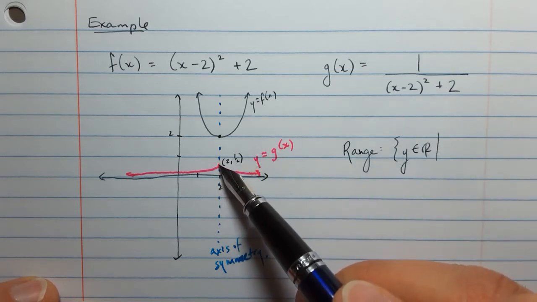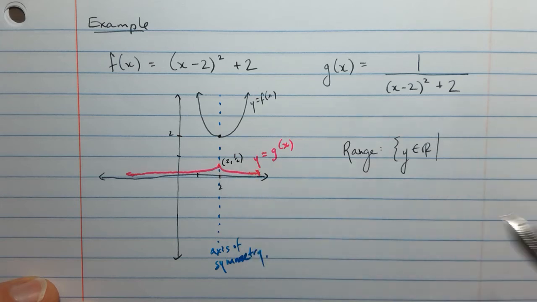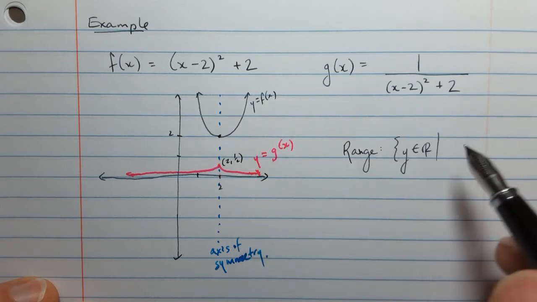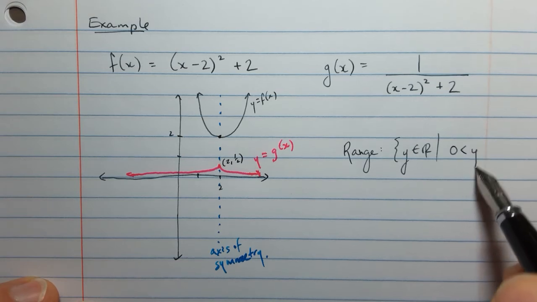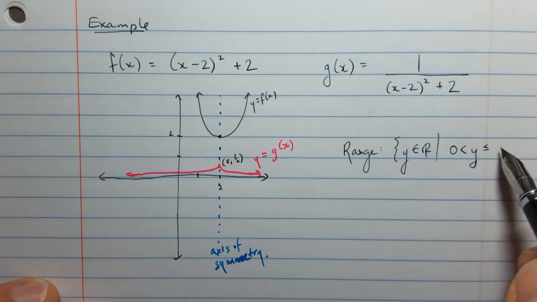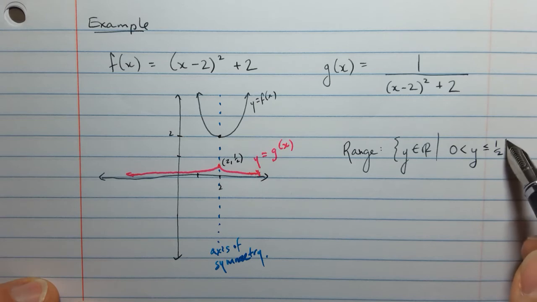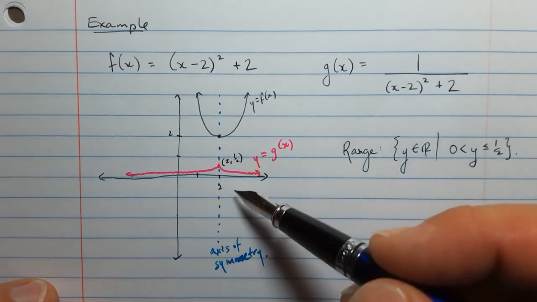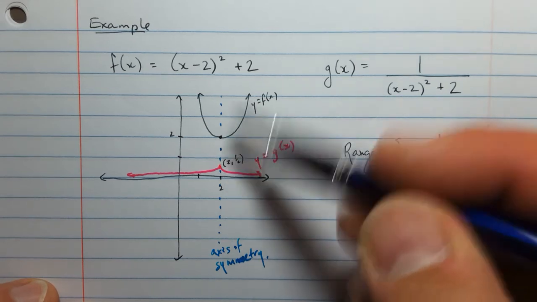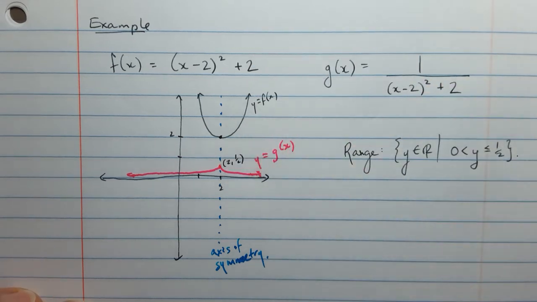It goes from positive 1/2 down to 0, but doesn't include 0. So I'm going to say 0 is less than y, which is less than or equal to 1/2. So very limited range. It doesn't get very tall here. Nothing in the negatives at all, and nothing above 1/2.